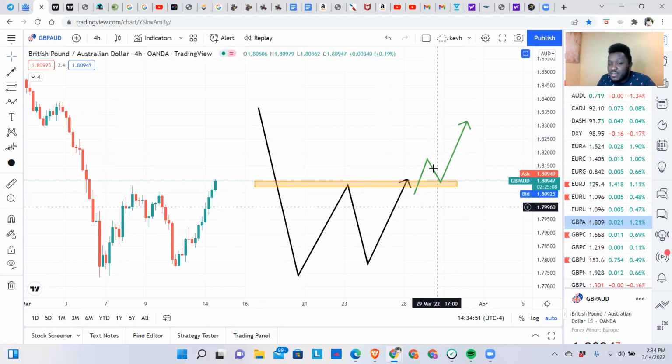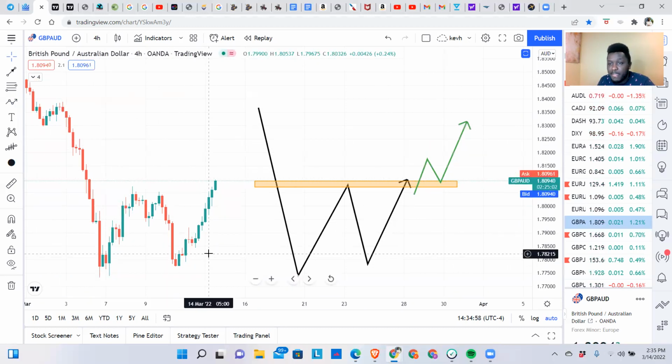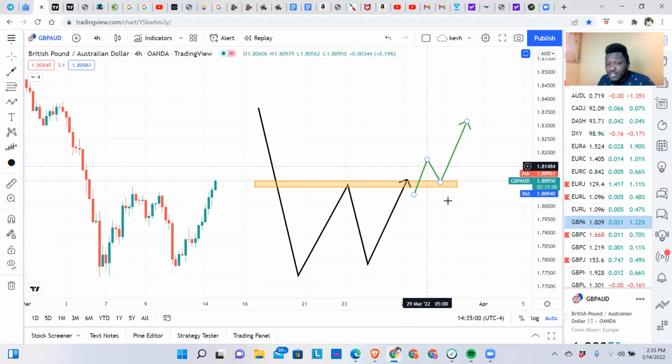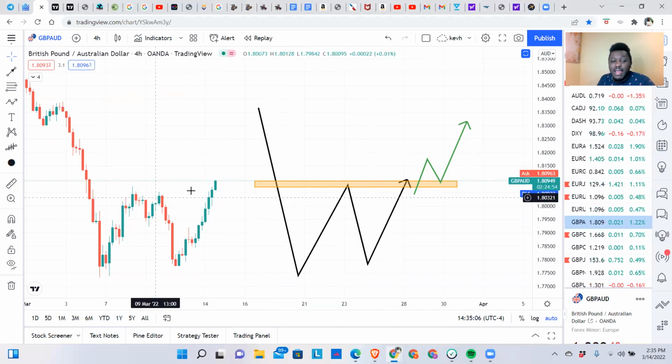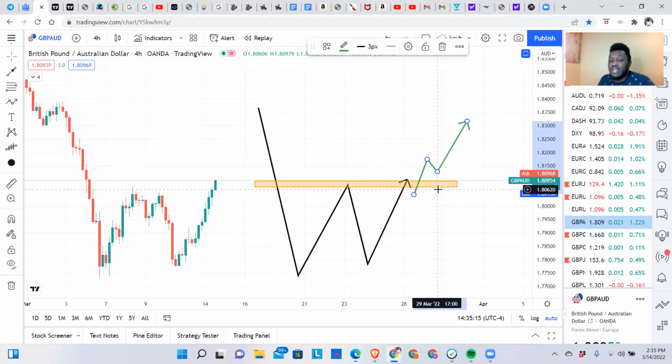That is what you will be considering when you see this GBP AUD on the 4 hours. That's what you're going to consider when you're looking at this trade. This is a W pattern. So the moment you see it, you're going to jump into it after you see your retest. And sometimes, guess what? This retest doesn't have to occur exactly on the neckline.